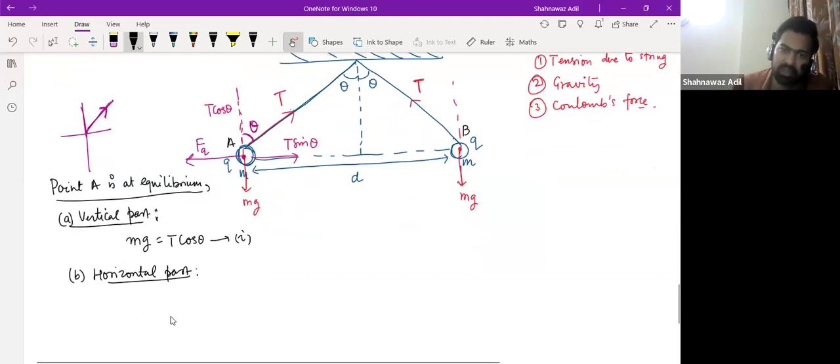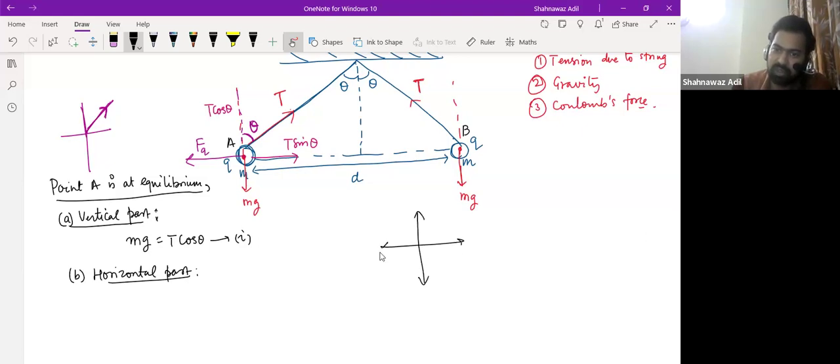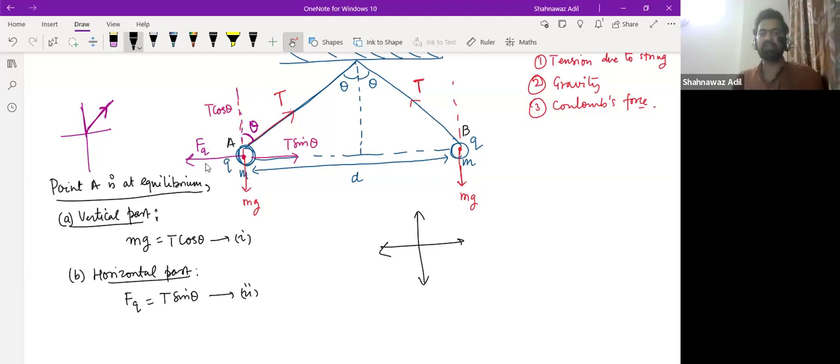FQ is T sine theta. So this is the horizontal part. And why are they equal? Because they are at equilibrium. So they will balance each other out.